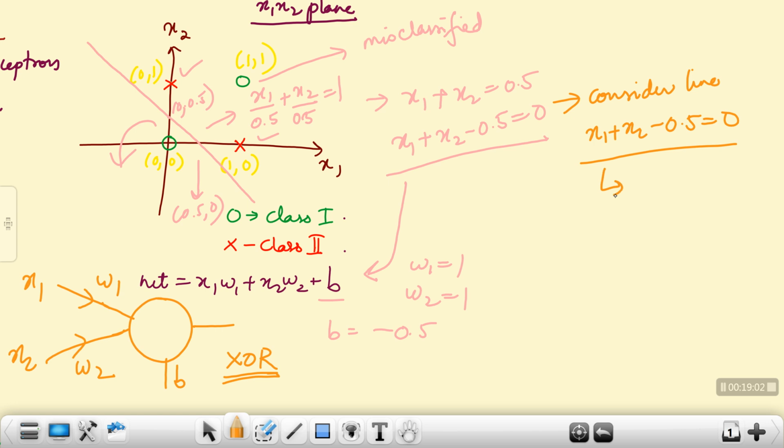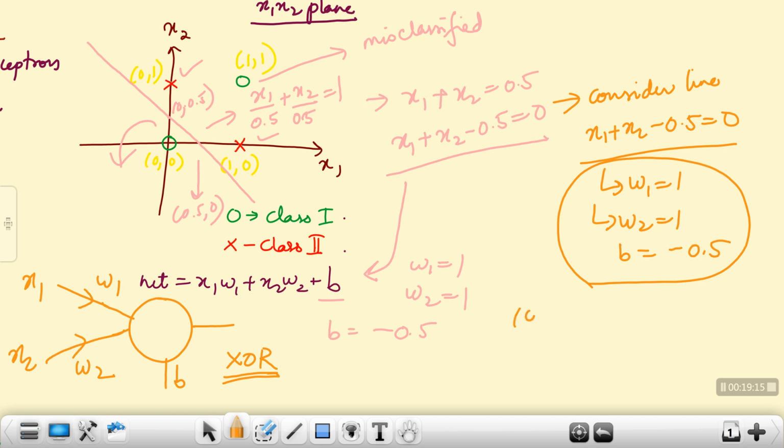This gives rise to w1 equal to 1, w2 equal to 1, and bias equal to minus 0.5.